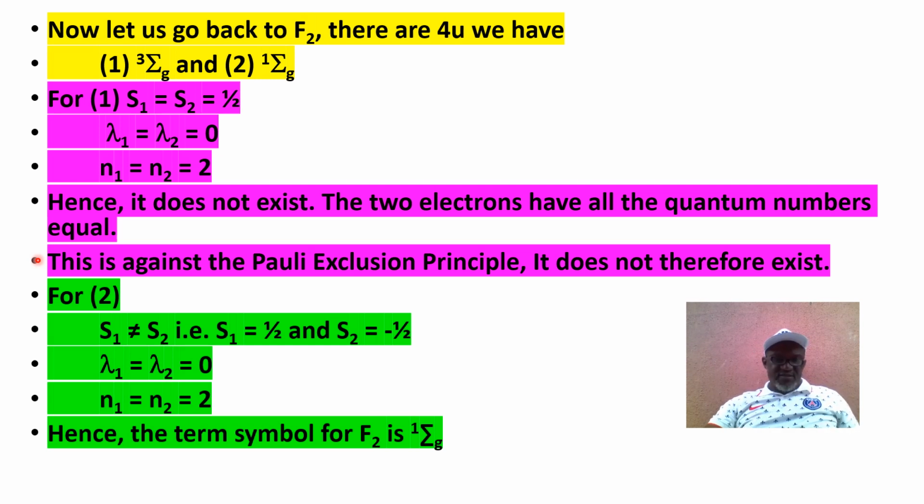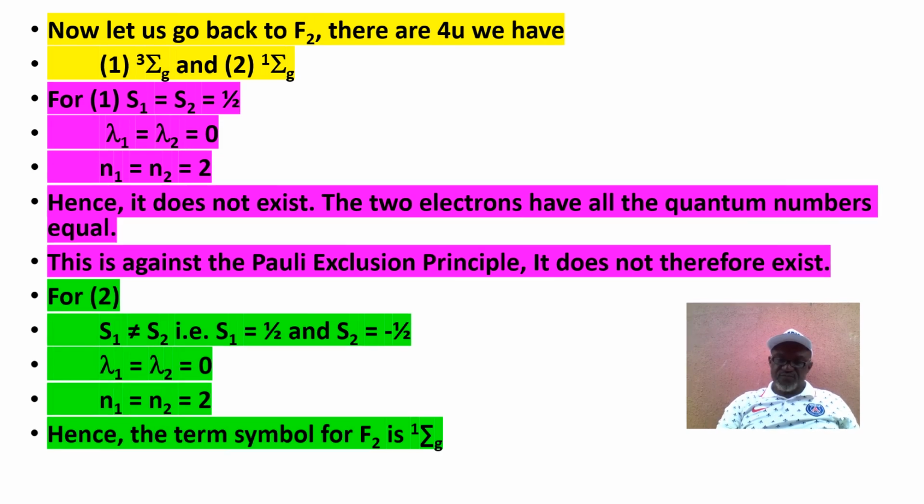In other words, we can see that the term symbol for F2 is the second option, that is summation subscript g to power 1, because the other one does not exist from Pauli's exclusion principle. So this is the term symbol for F2.